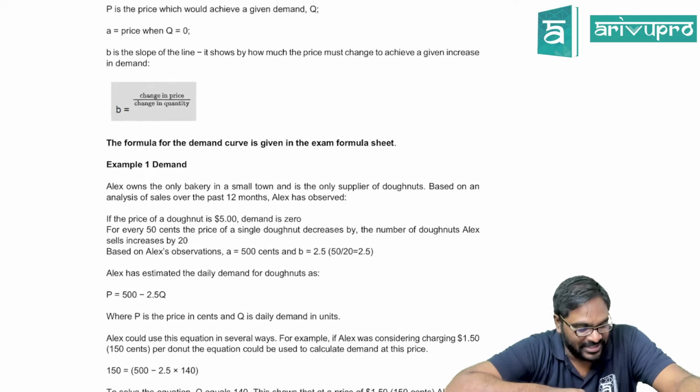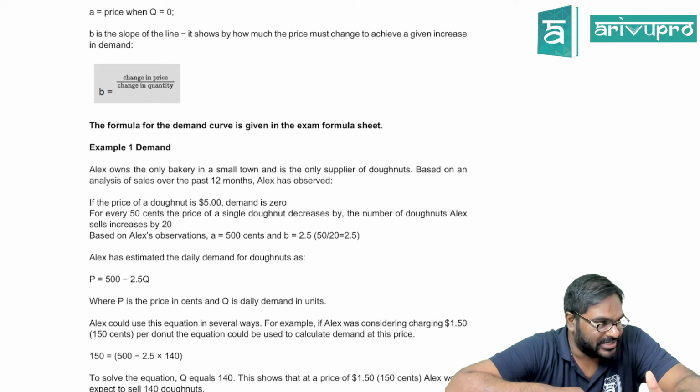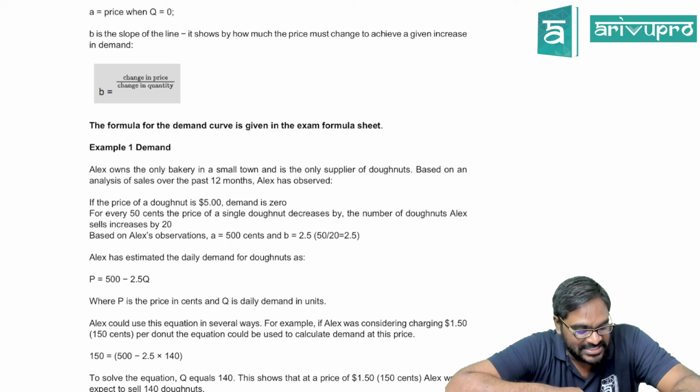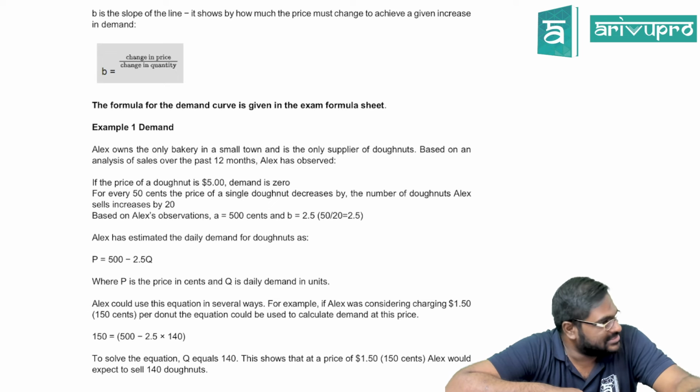Then we have a small example here. Alex owns the only bakery in a small town and is the only supplier of donuts. Based on an analysis of sales over the past 12 months, Alex has observed if the price of a donut is $5, demand is 0.